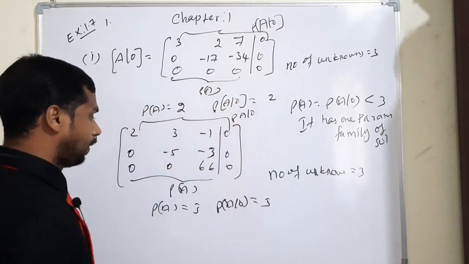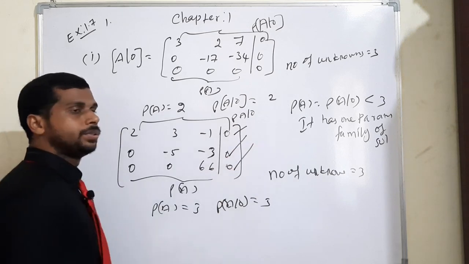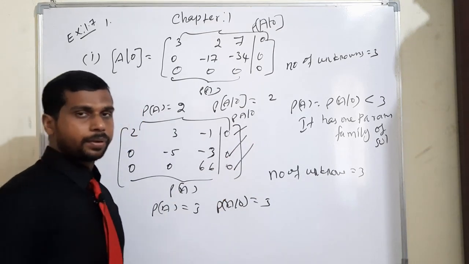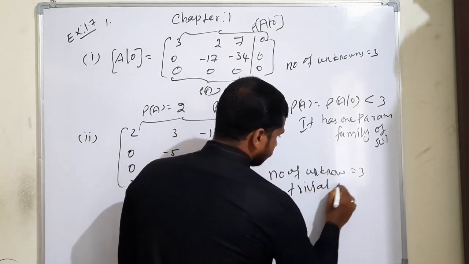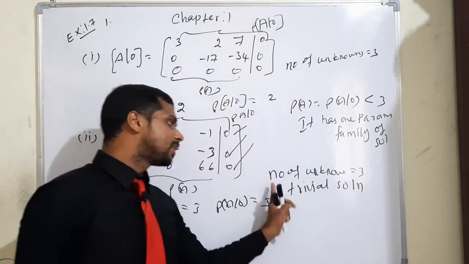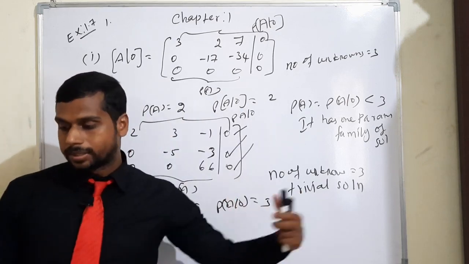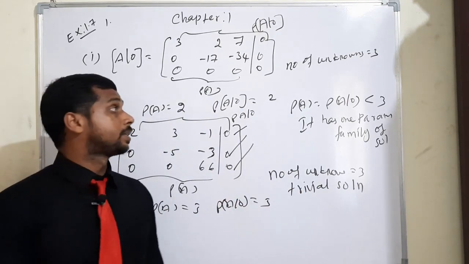So both will be equal, and x is equal to 0, y is equal to 0, z is equal to 0. Both the time it will be 0 means this is, as I already told you, one important name: trivial solution. Since the rank is equal to 3, it is a unique solution, that is x equal to 0, y equal to 0, z also 0, which is the trivial solution. This is a small tip. Okay, I hope you understand the points.